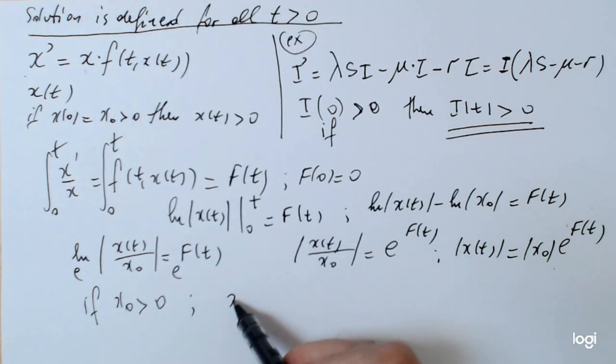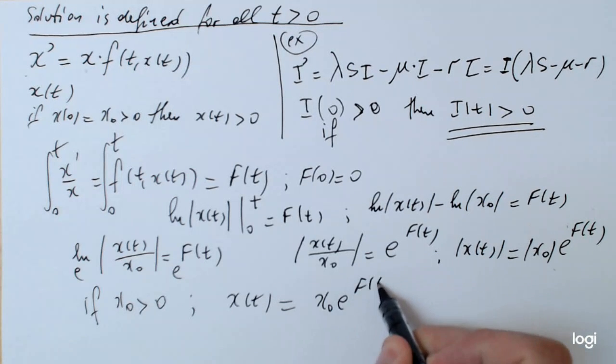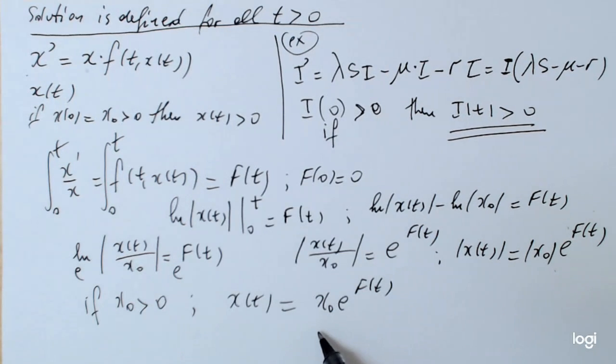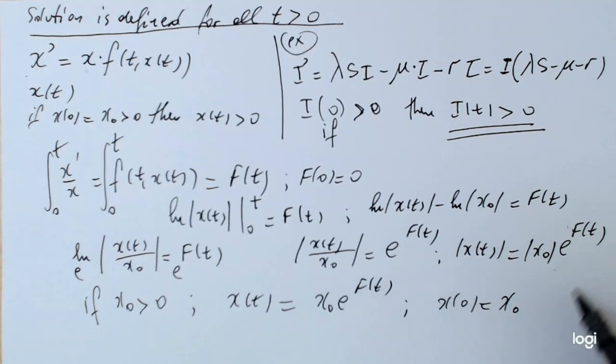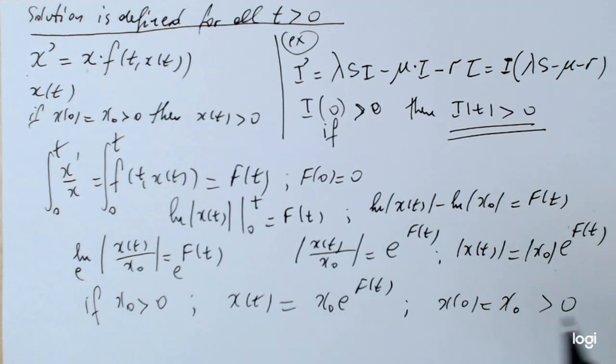So the two possibilities for x of t would be x naught e to the f of t, or the other one with a negative sign. However, because we started with the initial condition x naught, the uniqueness of solution forces us to conclude that this is the solution. This is the format of the solution if we start with a positive initial condition.